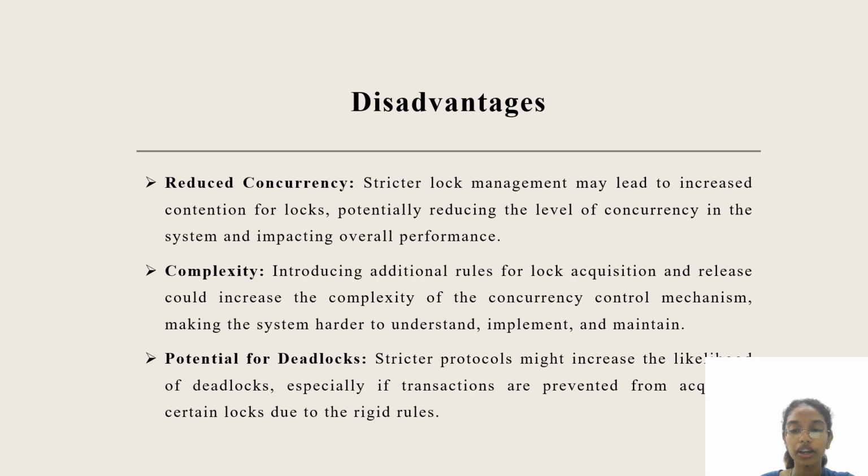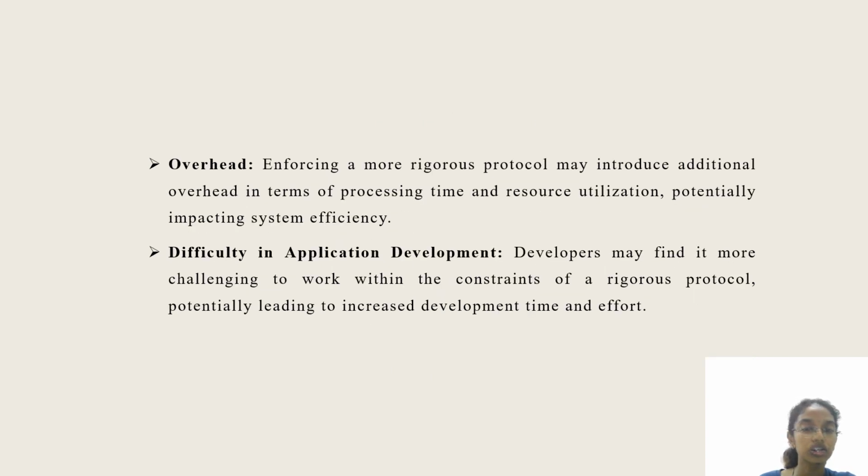Stricter protocols might increase the likelihood of deadlocks, especially if transactions are prevented from acquiring certain locks due to the rigid rules. Overhead. Enforcing a more rigorous protocol may introduce additional overhead in terms of processing time and resource utilization, potentially impacting system efficiency. Difficulty in application development. Developers may find it more challenging to work within the constraints of a rigorous protocol, potentially leading to increased development time and effort.